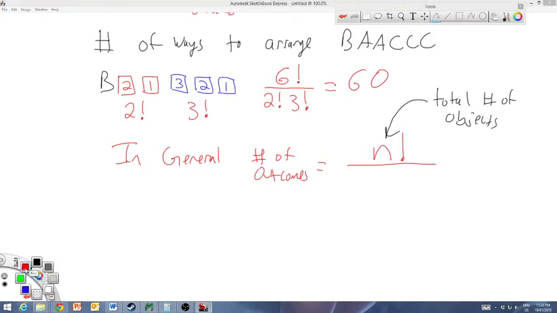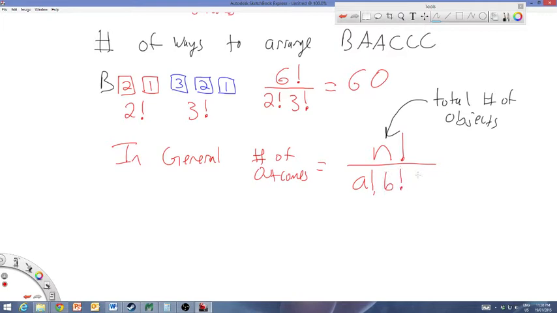And we'll divide this by a factorial, b factorial, c factorial, and so on, where a, b, and c represent the number of identical objects.